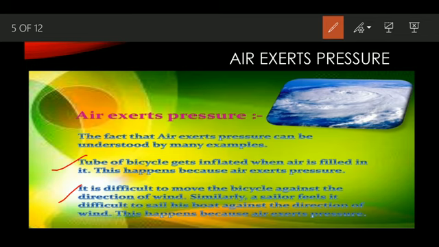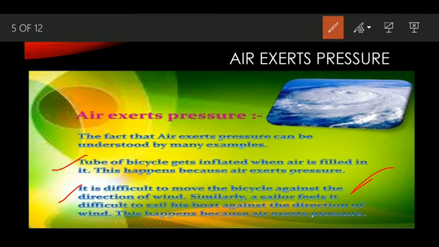If you move your bicycle in the opposite direction, the air exerts pressure against you, and you need to apply more energy to move the bicycle in the forward direction.